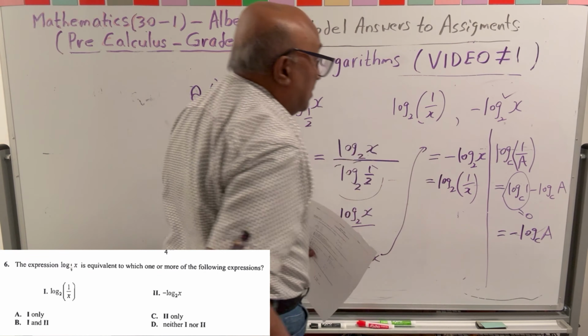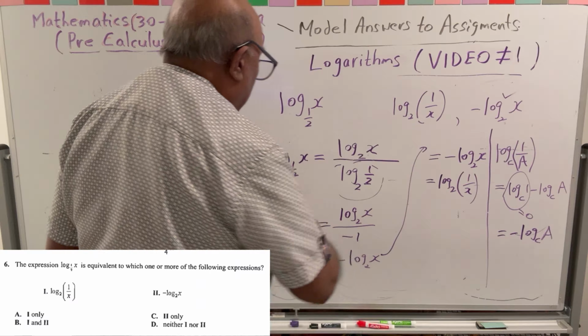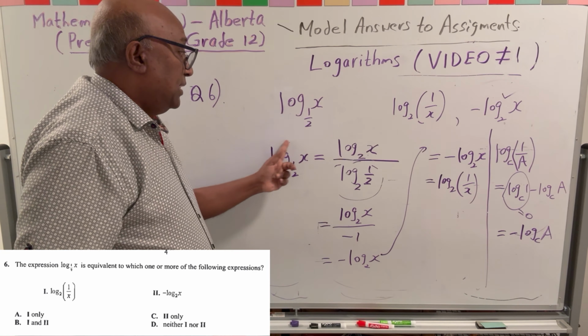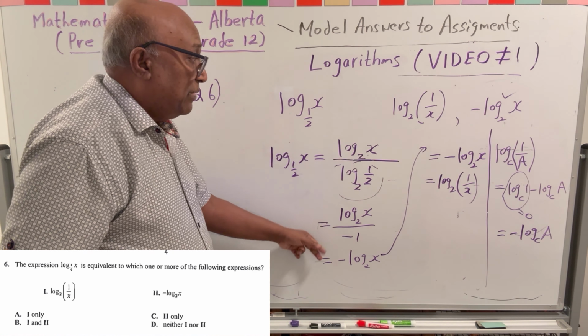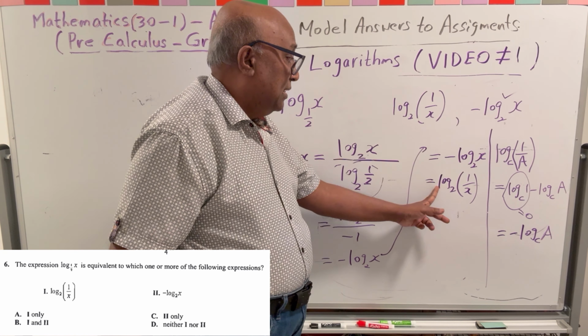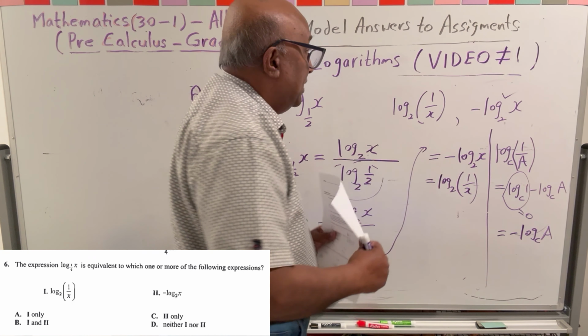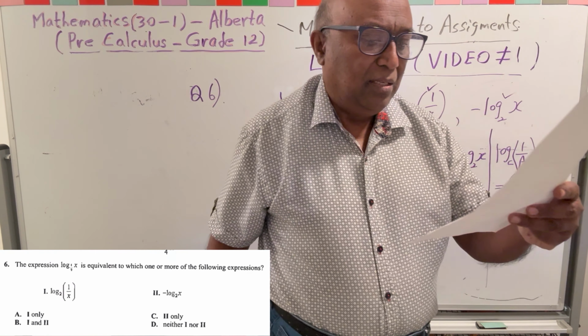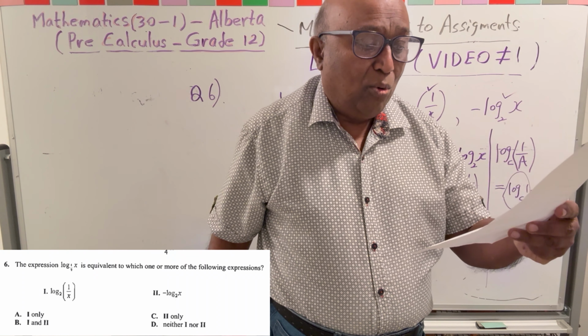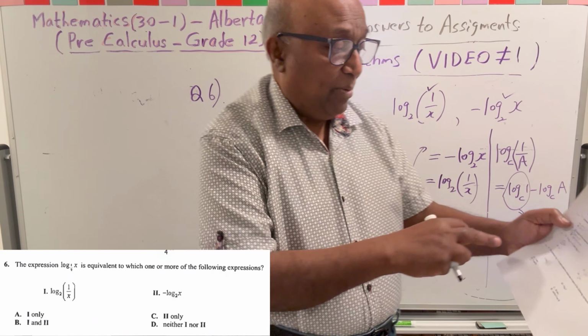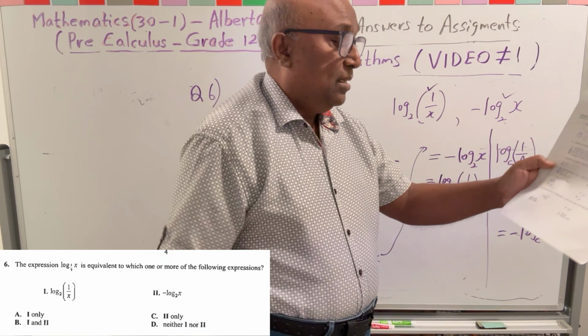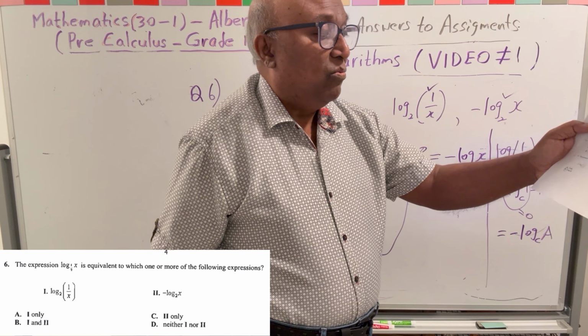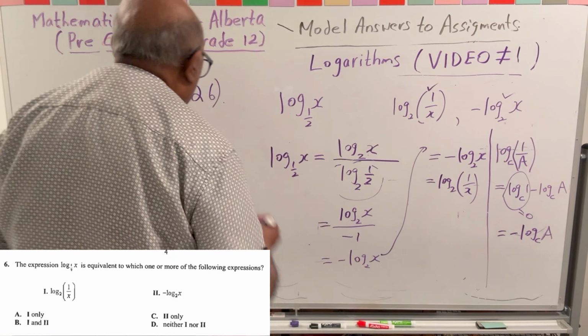Okay, that is a nice question. We started with this original function. After simplifying further, finally we saw that this is equal to this one also. That means this is also right. Which one or more of the following is correct? Of course, both are right. The answer is B, 1 and 2.